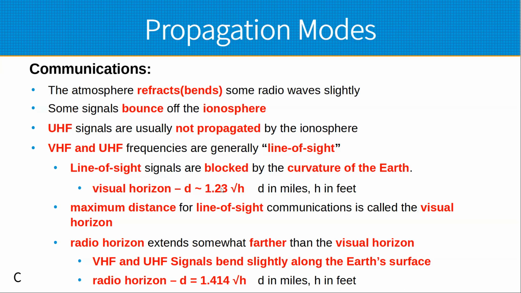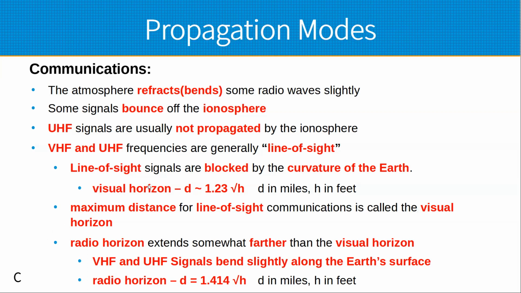And that's 1.23 times the square root of the height of your antenna. So if you've got a handy talkie and you're 6 feet above the ground, it would be the square root of 6 times 1.23, and that would give you how many miles to the horizon. Now, if you're talking to somebody who's the same height, you get twice that distance. So it's yours plus theirs, wherever they are.